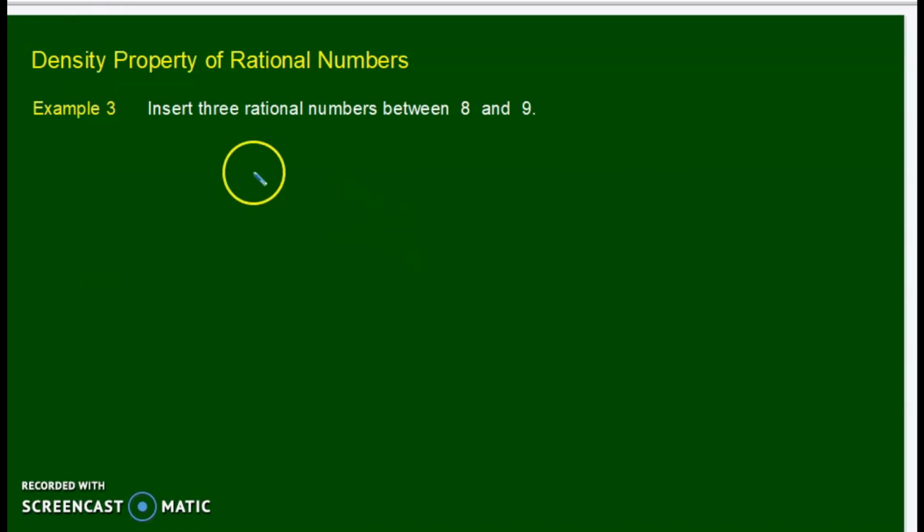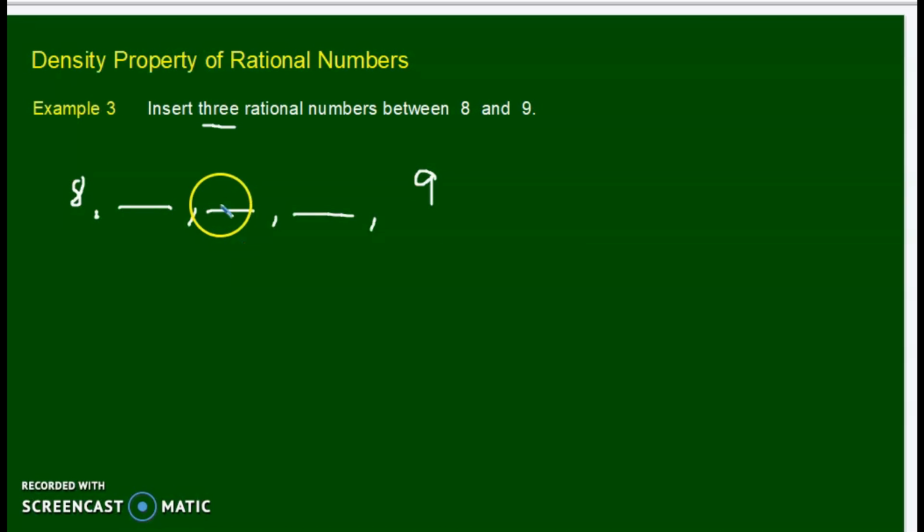Okay, so this time, we have to insert 3 rational numbers between 8 and 9. So, ganito magiging itsura niya. So, 8. And then, tatlong blanks. And then, 9. Okay?